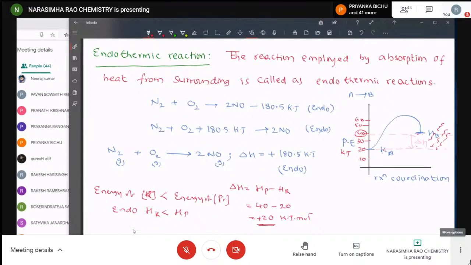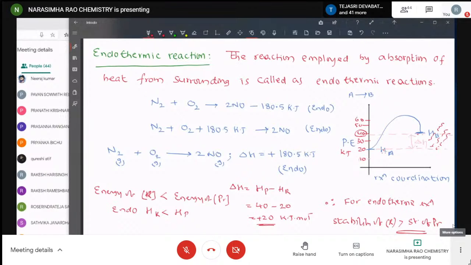Stability చెప్పండి తల్లి, stability. Since stability of reactant is very good for an endothermic reaction, the stability of reactant is greater than the stability of product. It's clear.